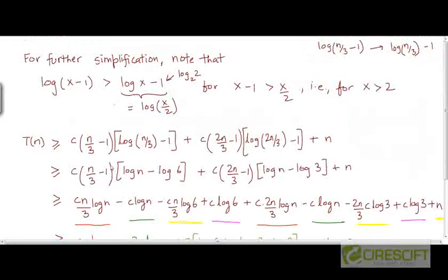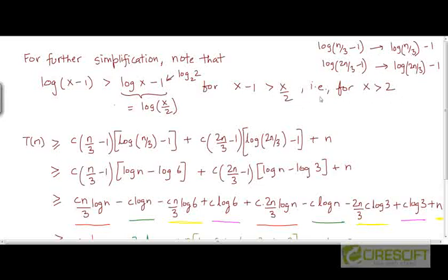We'll get this term. Similarly, if we take log of (2n by 3 minus 1) and substitute it with log of 2n by 3, minus 1, we are basically replacing both these terms by something smaller. Right? These two terms have been replaced by something smaller than them.